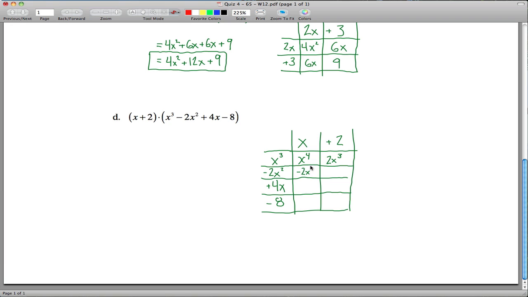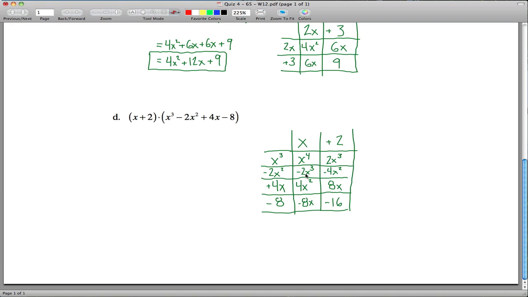And then negative 2x squared times 2 is negative 4x squared. x times 4x is positive 4x squared. 2 times 4x is 8x. x times negative 8 is negative 8x. And finally, negative 8 times 2 is negative 16.